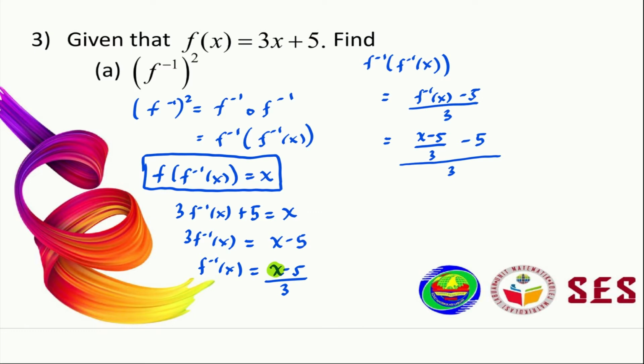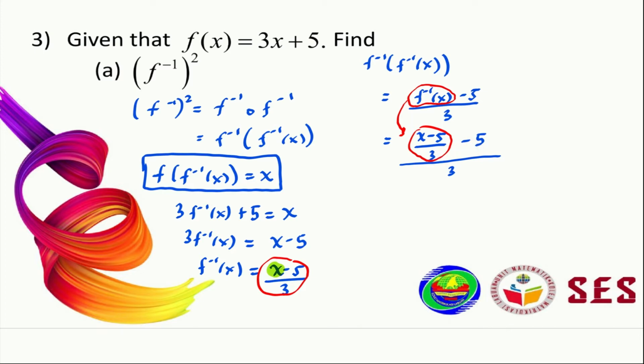Okay, so hopefully you are clear. We are composing this f inverse with itself. So this f inverse now is this one, x minus 5 over 3, same as this f inverse, and we will simplify this composition. At the numerator we have x minus 5 over 3 minus 5. So let us make the denominator equal 1.